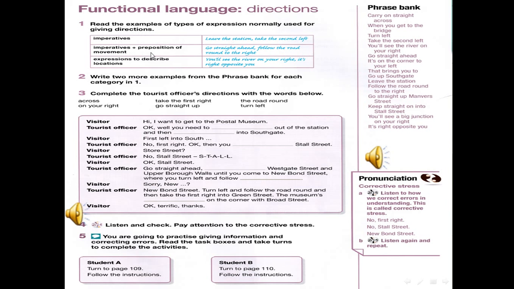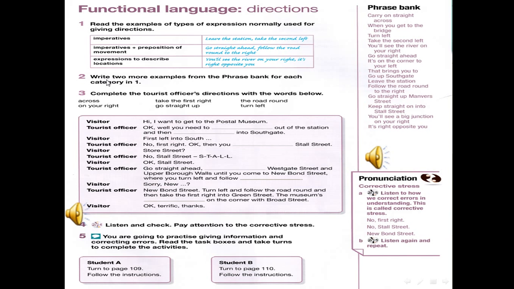Imperatives plus preposition of movement, we say, for example, go straight ahead, follow the road round to the right, and so on. Next, expressions to describe locations. For example, we say, you'll see the river on your right. It's right opposite you.